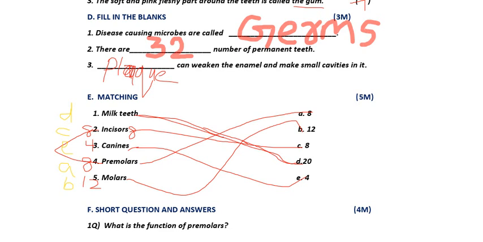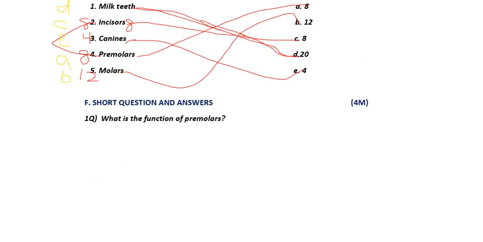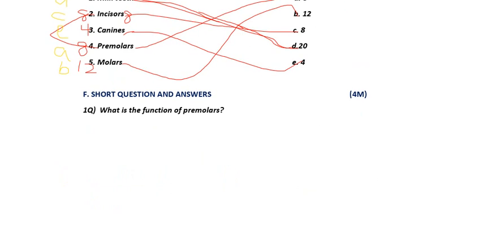Next, moving to the short answers. What is the function of the premolars? Why are premolars used, children? I told they are used for crushing and grinding the food. That means they make the food into paste. So you should write premolars are used for crushing and grinding the food.